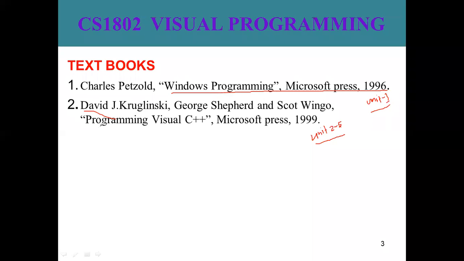The name of the book is Programming Visual C++. Both are Microsoft Press productions, released in 1996, version 1999. So these are the two standard books that you have to follow.